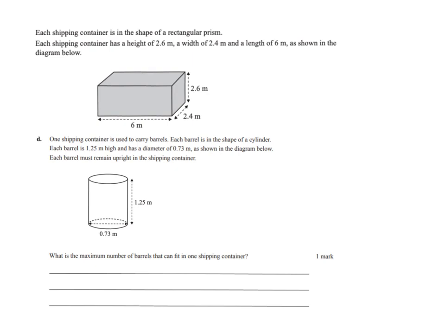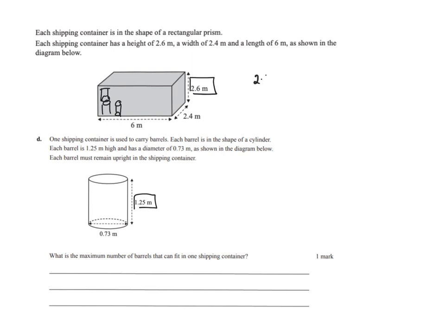So you've got to think they're going to be stored upright like that, and if possible they can be stacked on top of each other, but we have to see if that's possible. They're saying they're 1.25 high and this shipping container is 2.6.